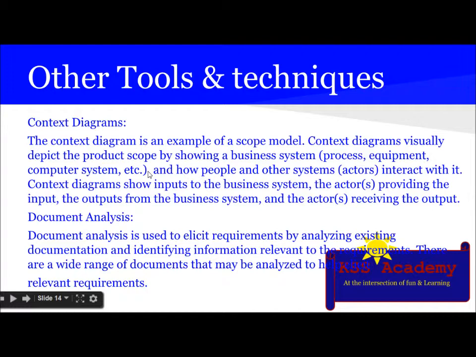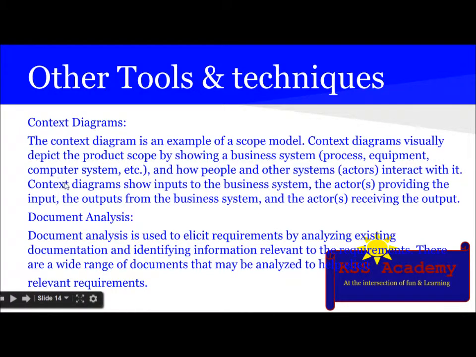The last two tools and techniques are the context diagram and document analysis. The context diagram is an example of a scope model. It usually depicts the product scope by showing a business system, process, equipment, or computer system, etc., and how the people and other systems, like actors, interact with it.